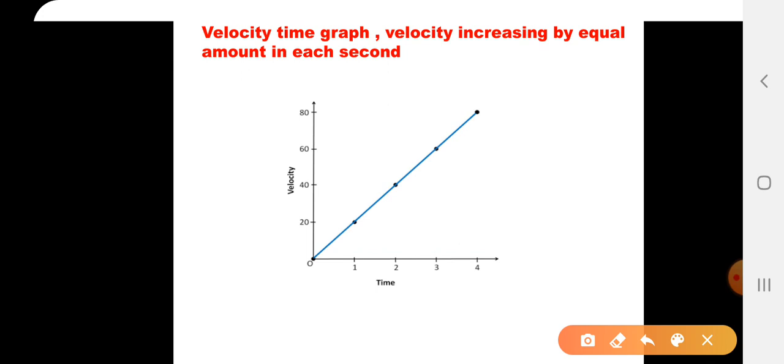For example, the body was moving with 20 meter per second in time 1 second, then 40 meter per second in 2 seconds, then 60 meter per second in 3 seconds. So likewise, 20, 40, 60, it is increasing uniformly. So the graph is always a straight line passing through origin.